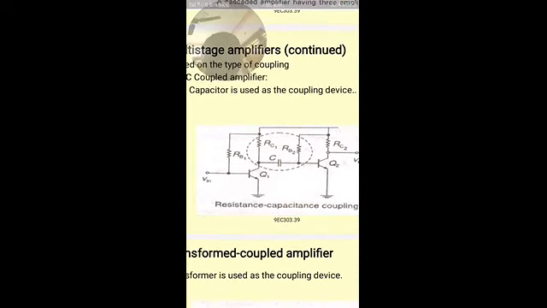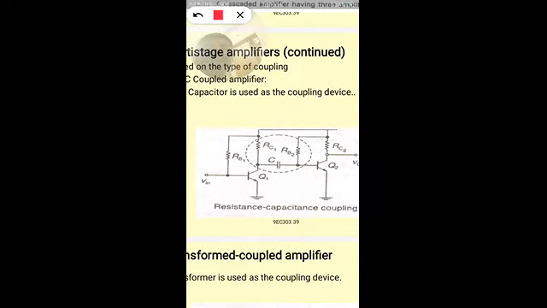See here, RC coupled amplifier. So the output of the first stage amplifier, here we will get the output of the first stage. It is connected to the input of the next stage, second stage, through the capacitor and the resistors. So it is called an RC coupled amplifier.